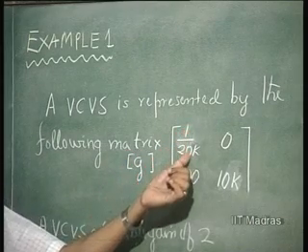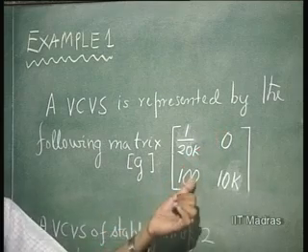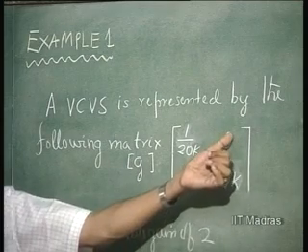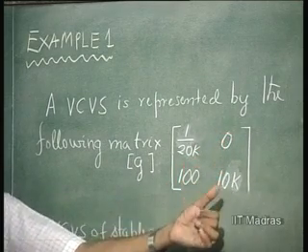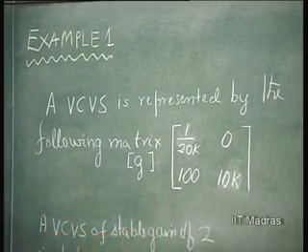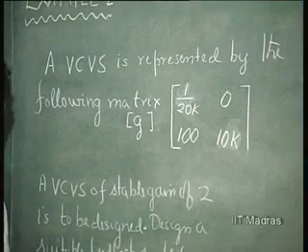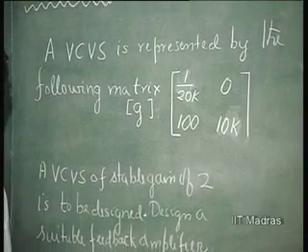So, Gi is 1 over 20 k, Gf is 100, Gr is 0, G naught is 10 k. Once again, this non-ideal voltage controlled voltage source is expressed by means of a G matrix.